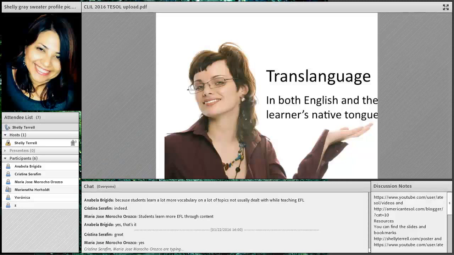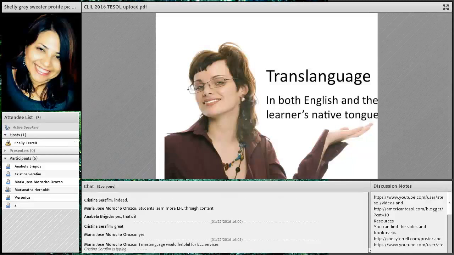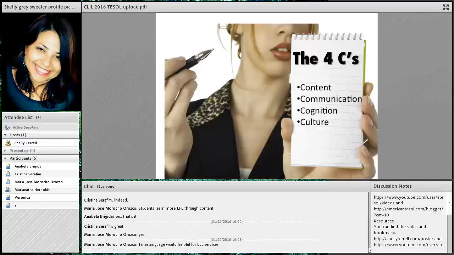So a lot of times you'll have translanguaging, where if a student doesn't understand, you can teach them the vocabulary in that way. Once they're able to understand, then you'll realize that they actually know the content sometimes. They just didn't understand the word.